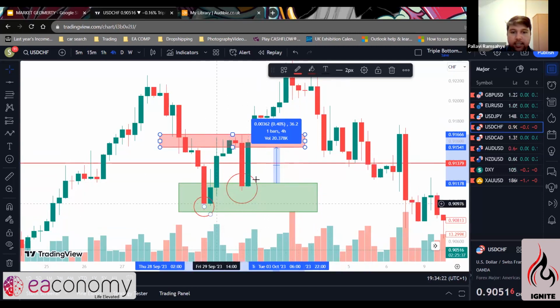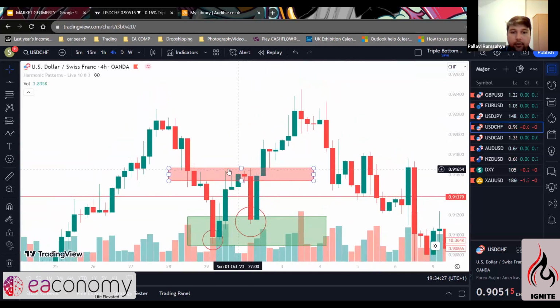As you can see here, there was quite a big zone for the support, and then quite a bit bigger resistance level here. So that's fine.